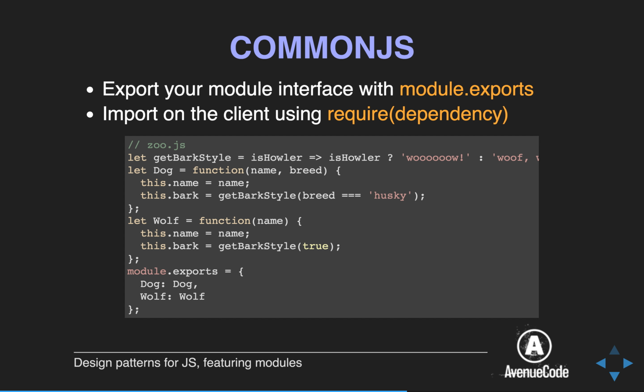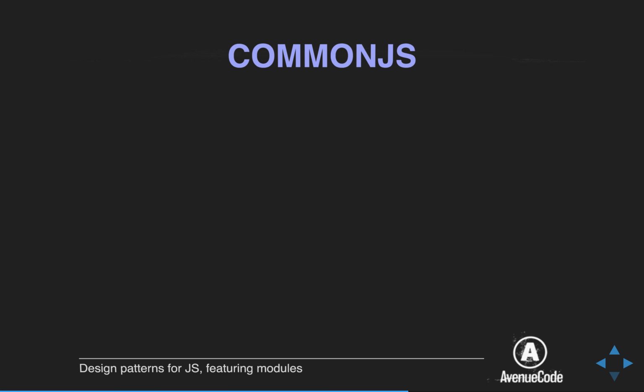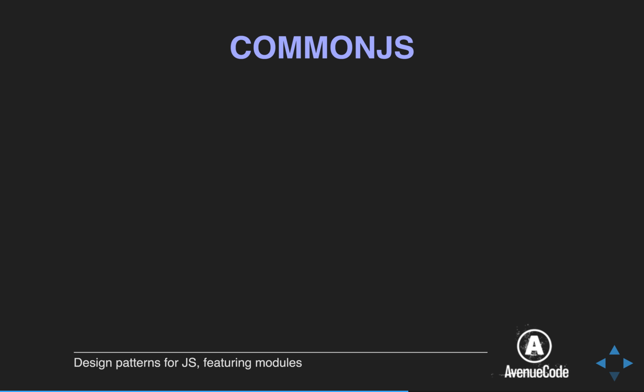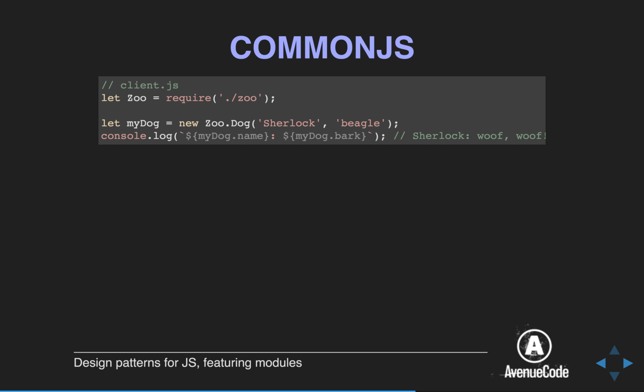So I can create a file, zoo.js, put this code over there, and with module.exports I return whatever my module is exporting. So here I created a module called zoo.